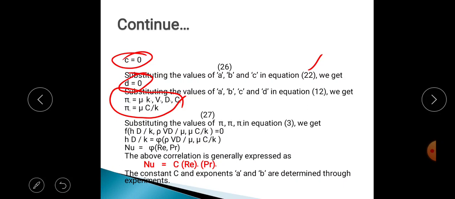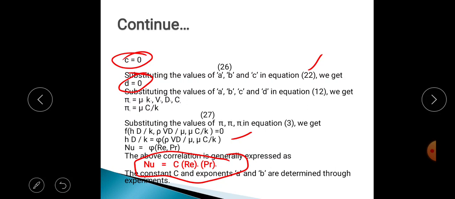Now we get all these 3 pi terms. So substituting the values of pi 1, pi 2 and pi 3 in equation 3, we can write a function of pi 1, pi 2 and pi 3 equals 0. And we can also write it like this. So we get a correlation, which is Nu equals C, where C is of course a dimensionless constant, Re raised to a and Pr raised to b.